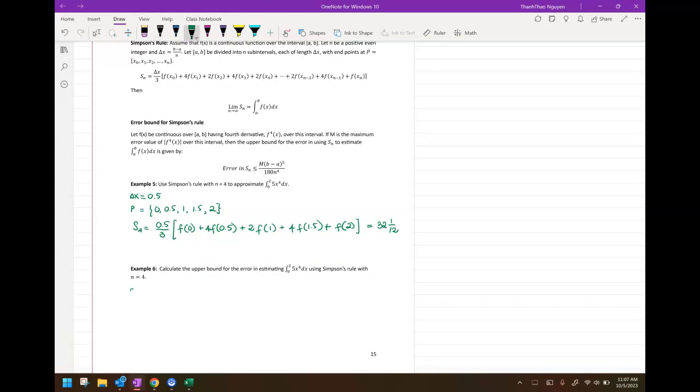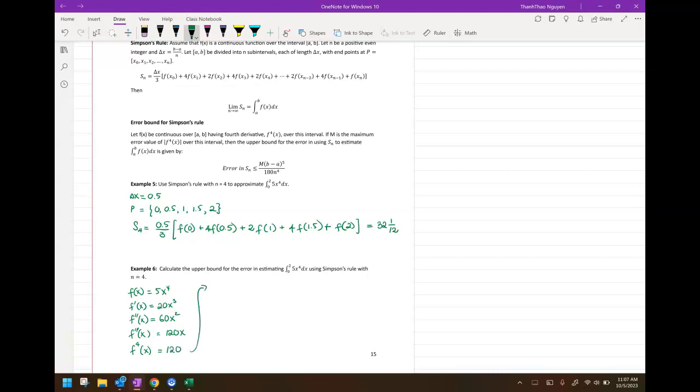Well, I know f of x is equal to 5x to the 4th, f prime of x equals 20x to the 3rd, f double prime of x equals 60x squared, f triple prime of x equals 120x, and the 4th derivative of f of x is 120.